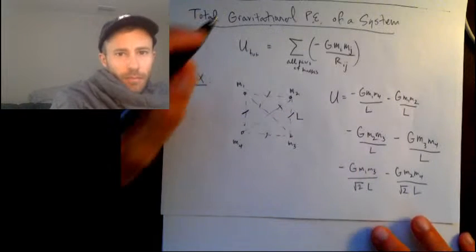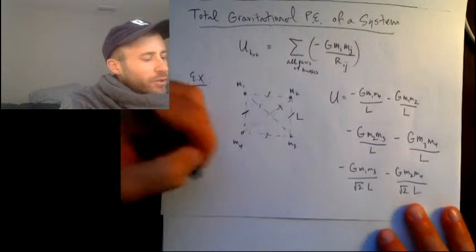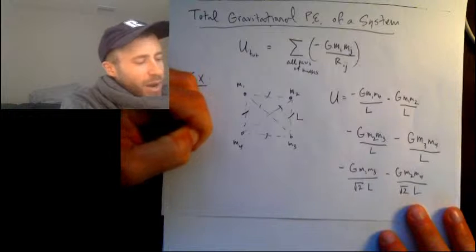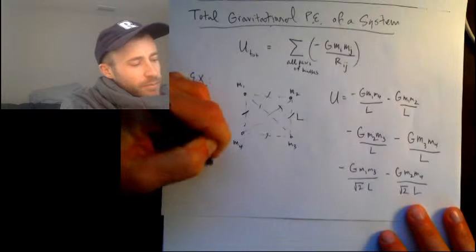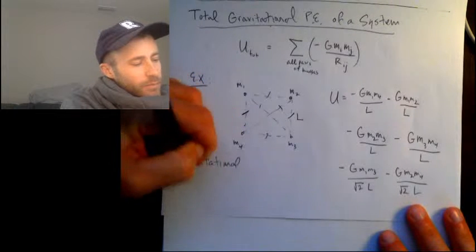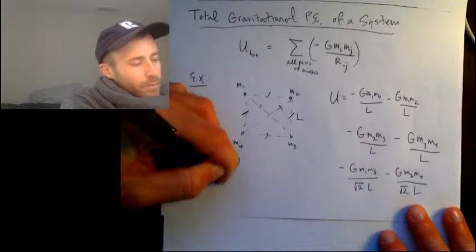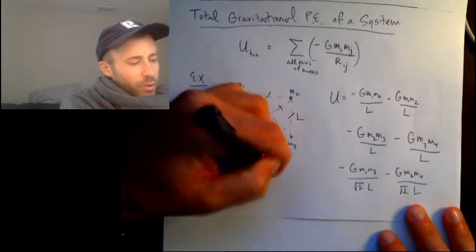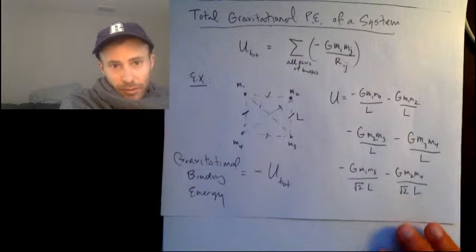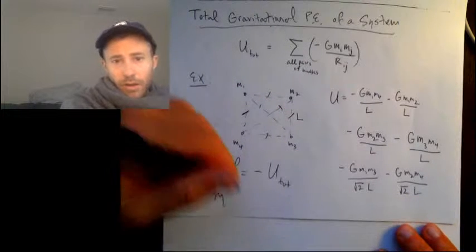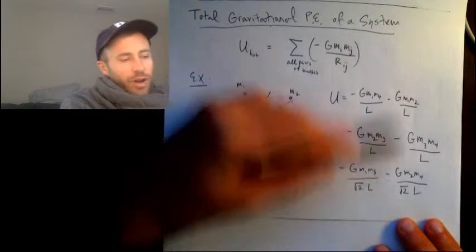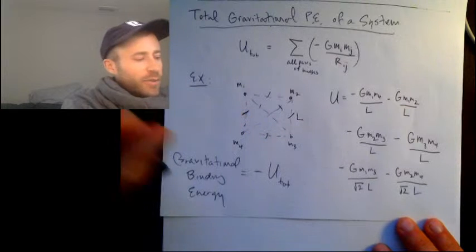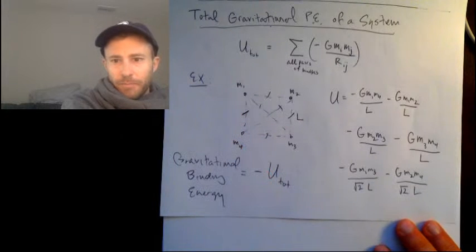There's a thing called the gravitational binding energy, which is equal to minus the gravitational potential energy. Because the gravitational potential energy is negative, the binding energy is a positive number.